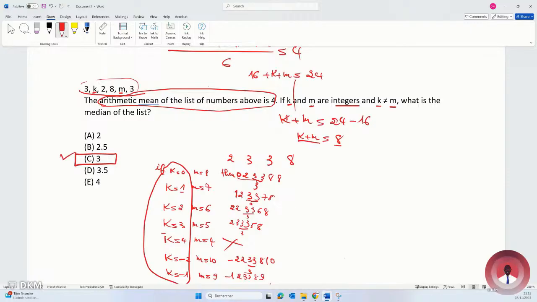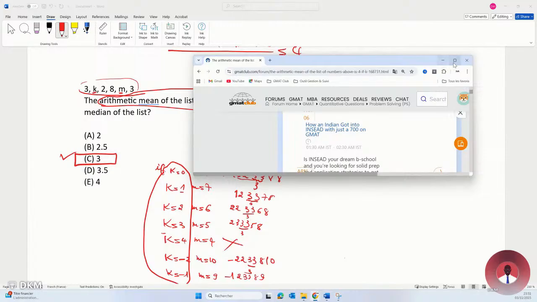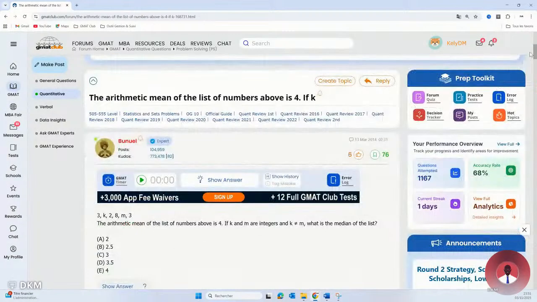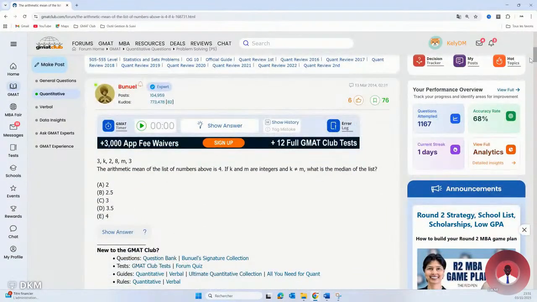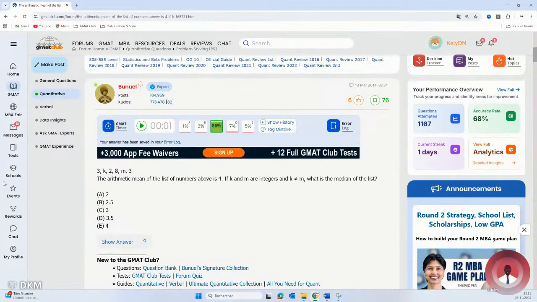Okay, the median of the list, if k plus m is equal to 8 and k is different from m, will always be equal to 3. So the answer is answer C. If you come here, answer C is that one. All right, so let's take the last question.